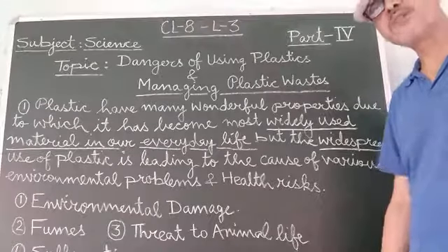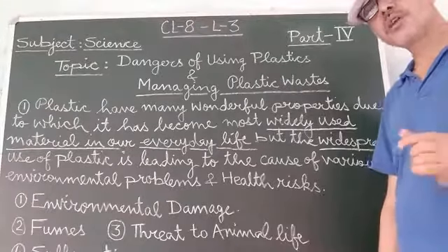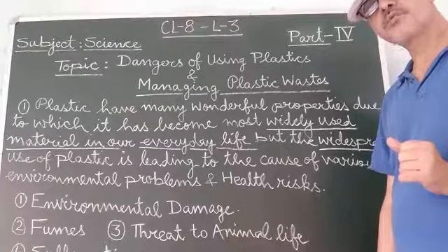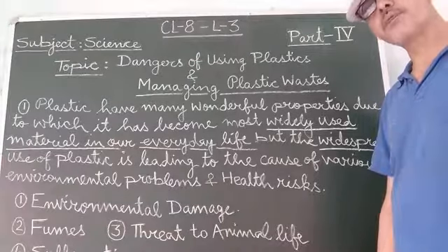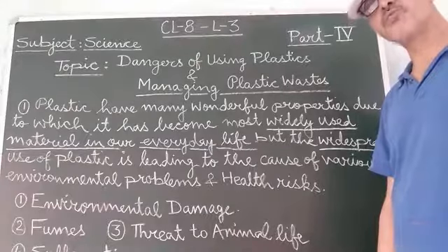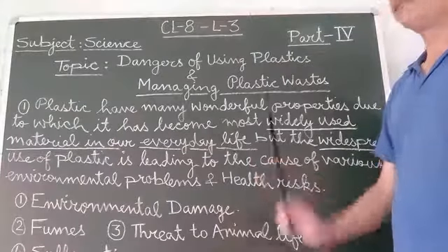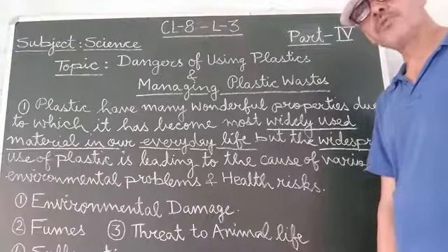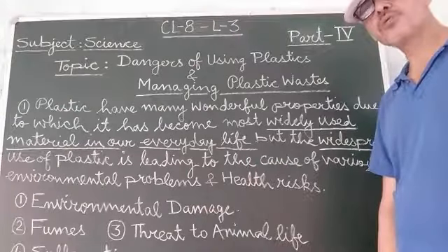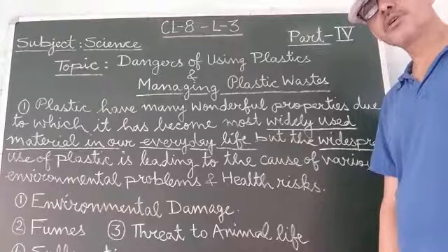So the 5 Rs about which I am telling you are the methods or principles which we can follow in order to get rid of the menace or the harmful effects caused due to the use of plastic.